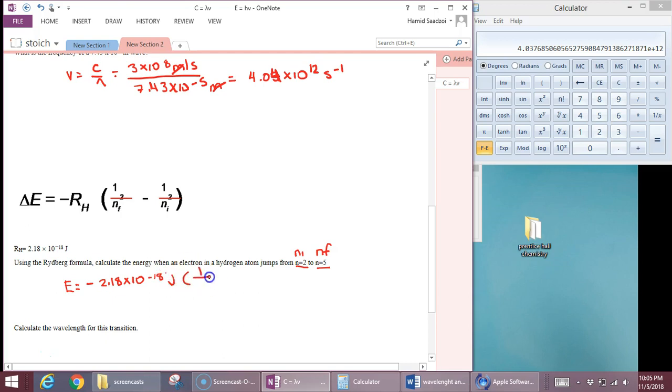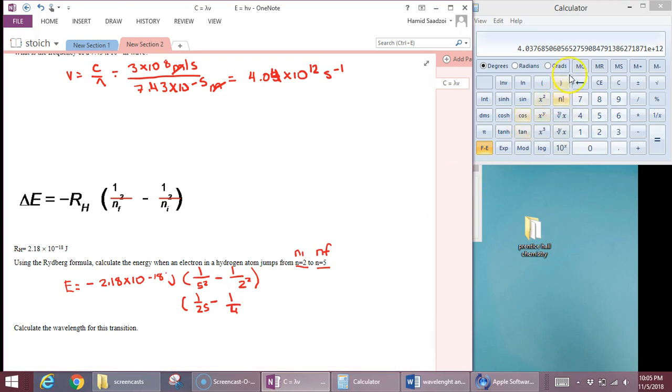Multiply that by 1 over nf squared, which is 5 squared, minus 1 over 2 squared. So simplifying the numbers in here real quick, this is 1 over 25 minus 1 over 4.